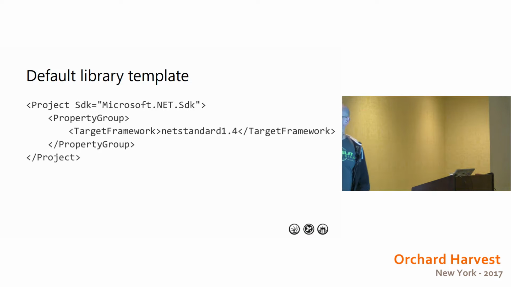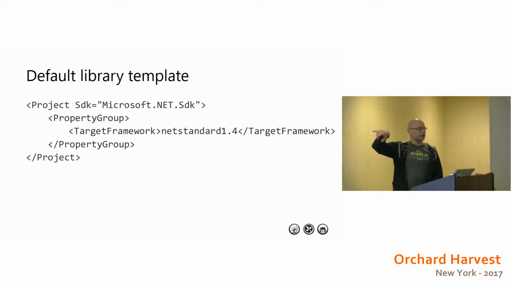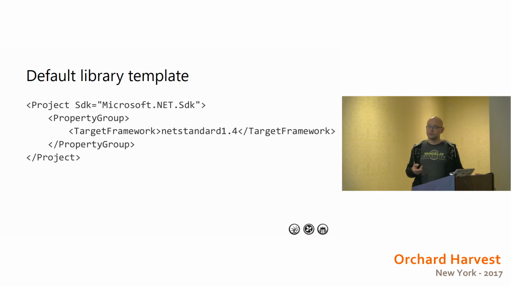If you want to target more than just net standard, you can put an S on that tag and say target frameworks instead of target framework, and then you can give a comma-separated list of targets. So with the same project, you can compile against .NET Framework, .NET Core, or whatever. This is very useful for library developers.